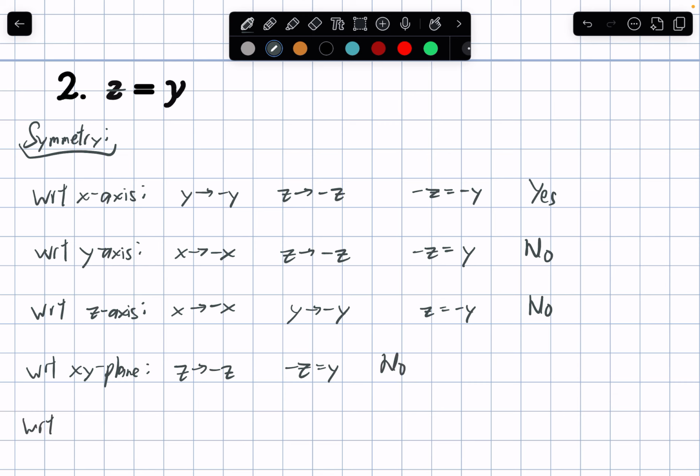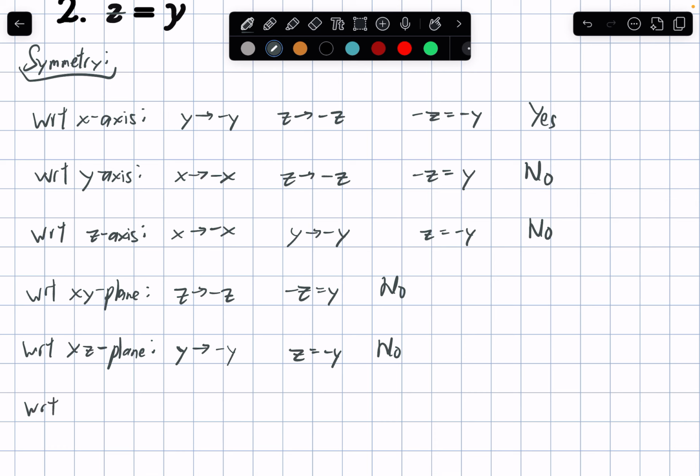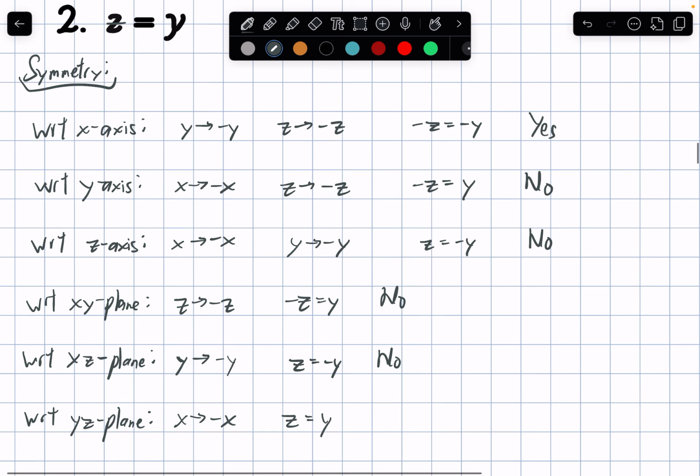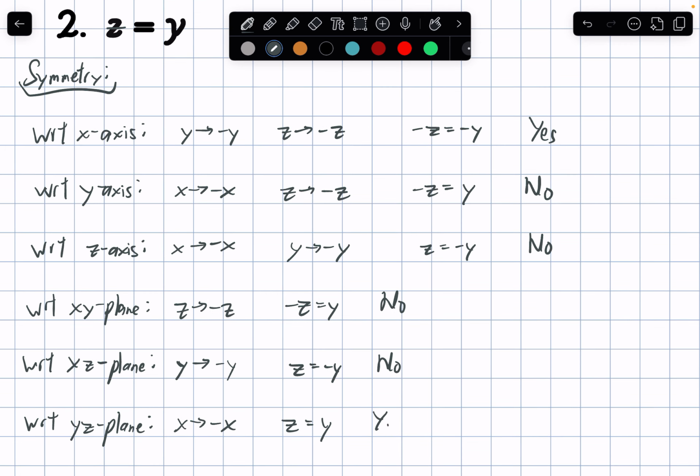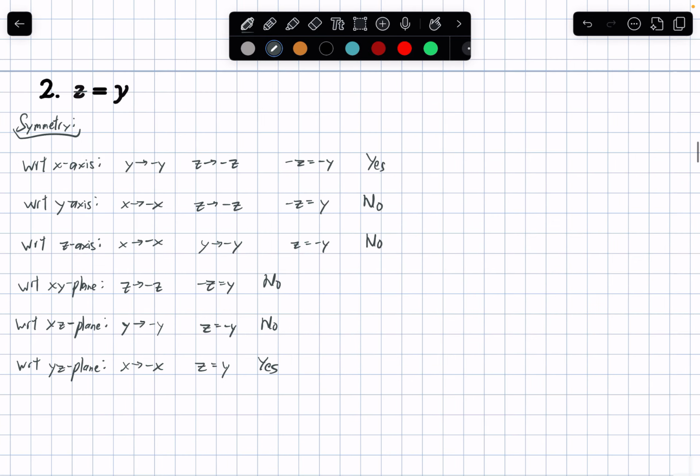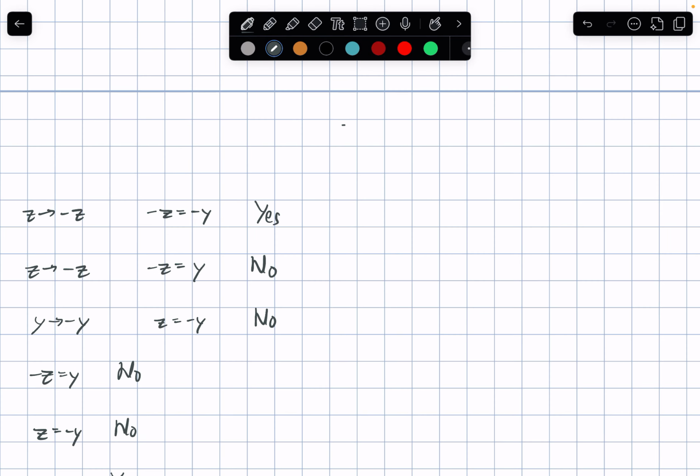Nope, not symmetrical. Since there's no x in the equation, you just copy the equation itself and you say that it is symmetrical. Okay, we're done with symmetry.